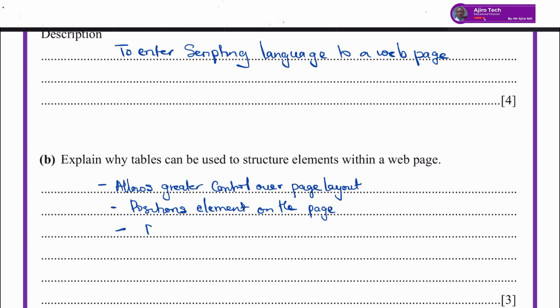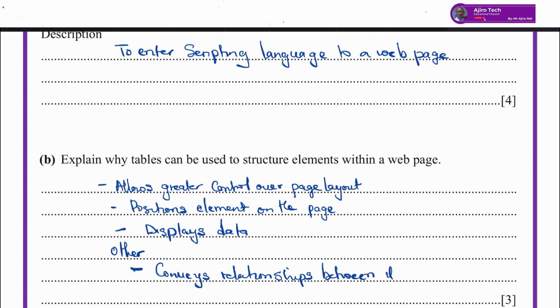It displays data. So the whole idea why tables are used is greater control. We want to control where this goes, how we position elements on the web page, and of course you can also convey the relationship between items. I think I can put that for others. So here we can convey relationship between items.